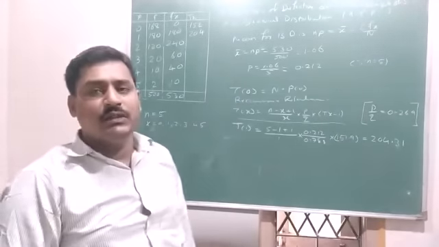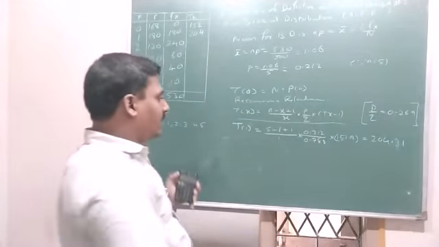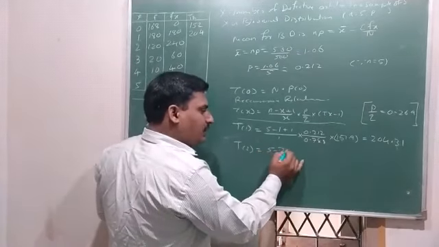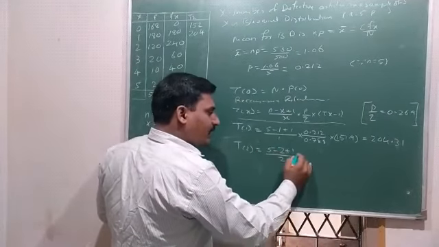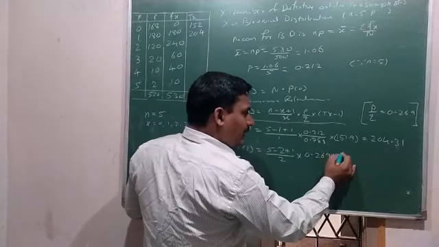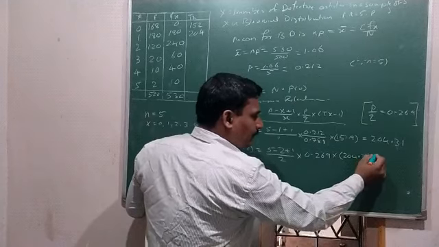So 204 samples will have one defective. Next, T of 2. T of 2 is equal to 5 minus 2 plus 1 divided by 2 into 0.269 into 204.31.